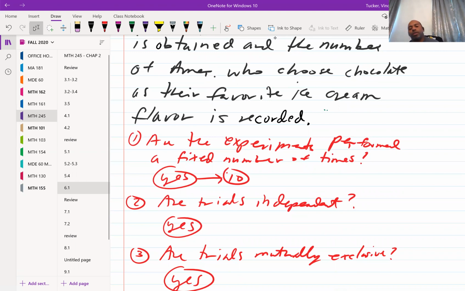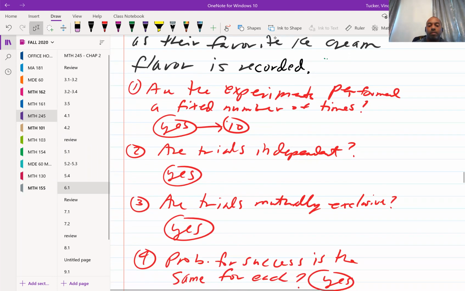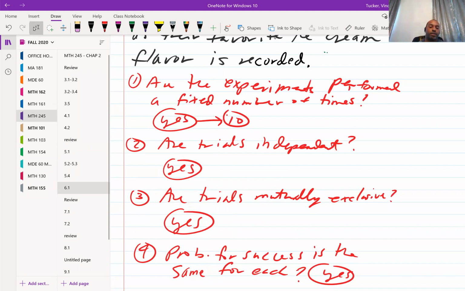Are the trials mutually exclusive? Yes, because either chocolate is your favorite, or chocolate is not your favorite. We're not saying that you like ice cream or you like chocolate. It's not about liking chocolate. It's about chocolate being your favorite or not. So that's why these trials are mutually exclusive. And then is the probability of success the same for each?